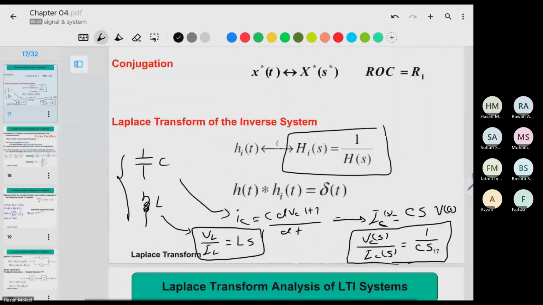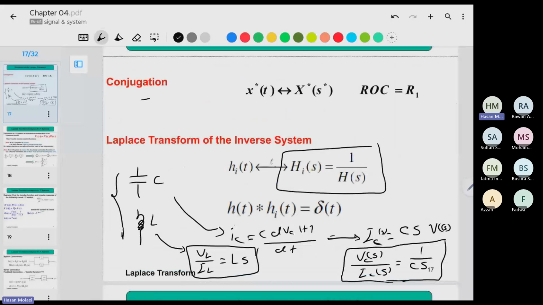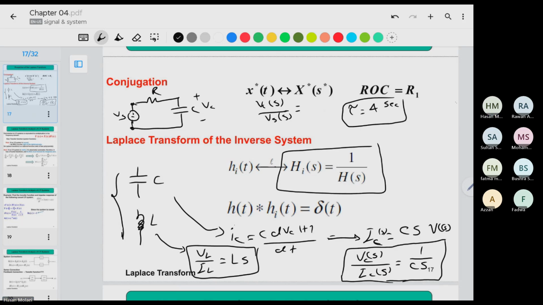Okay, now design a system. Find the transfer function of this system, if I want to have tau equal to 4 seconds.